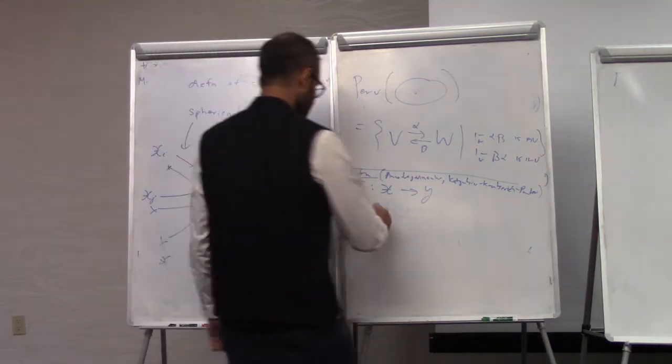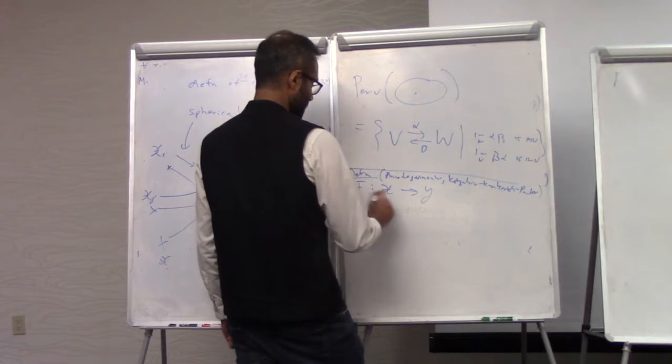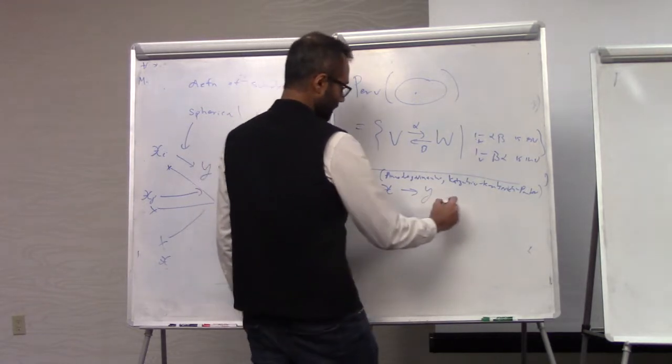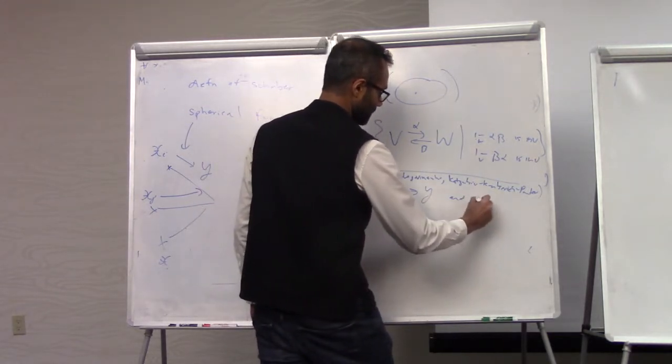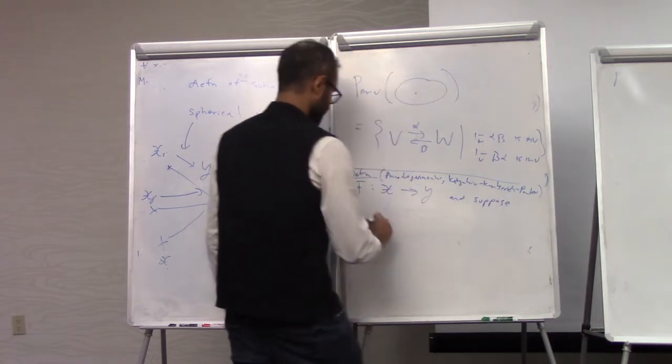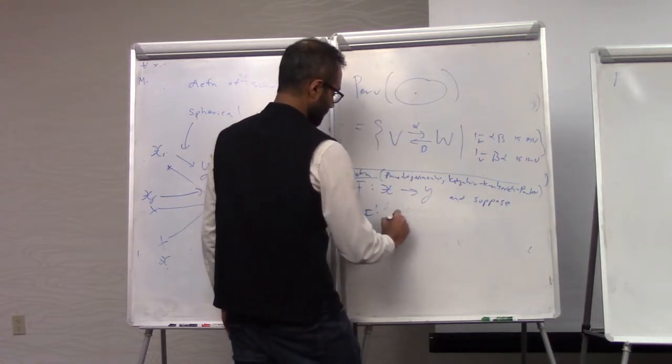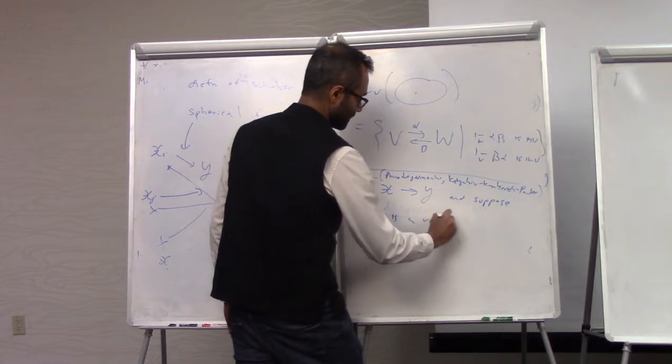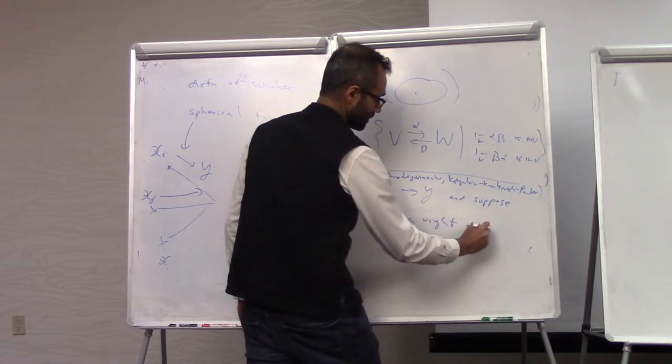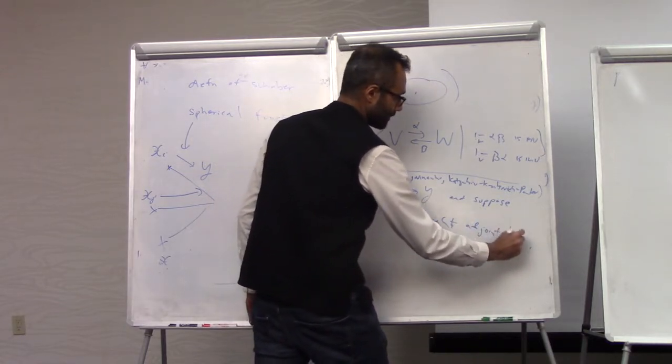A functor f is spherical. So let's say you have a functor f, and suppose f upper shriek is a right adjoint to f.